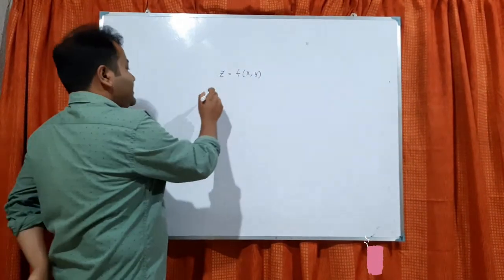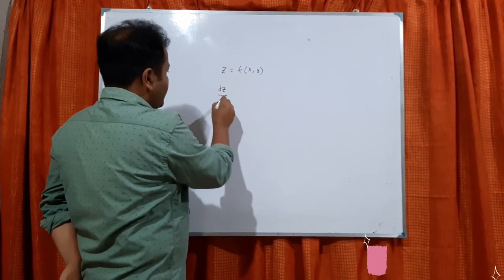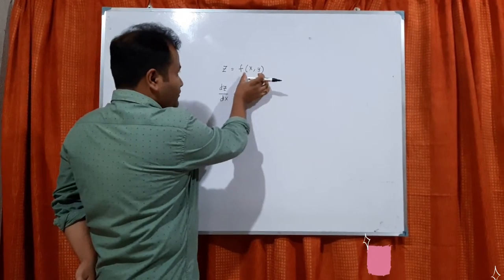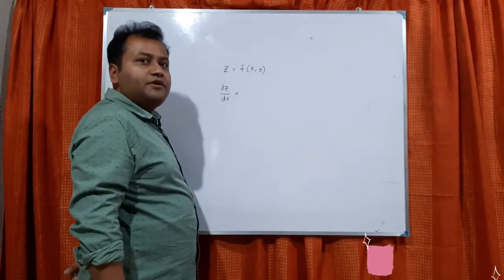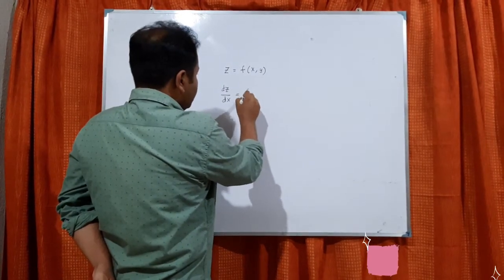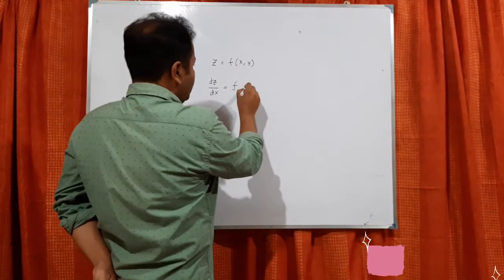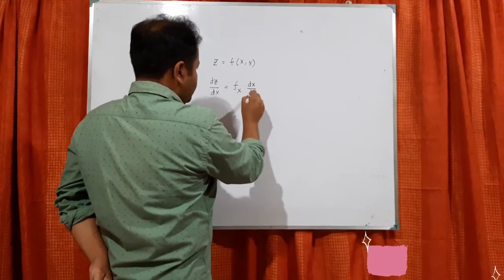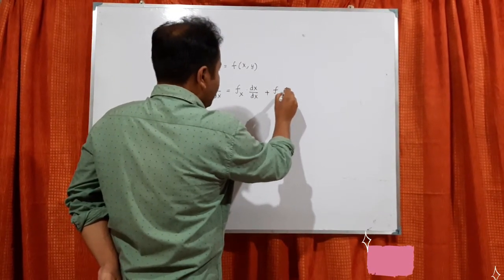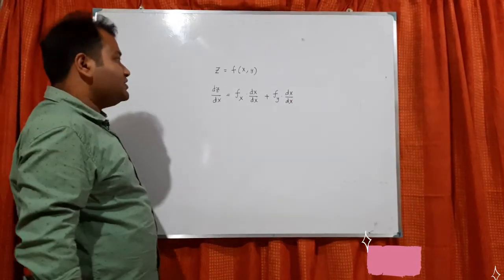Now if I want to take the derivative of z with respect to x, which means I have to take the derivative of the right hand side with respect to x, that will be fx into dx by dx plus fy into dy by dx. So this is the basic idea of the chain rule.